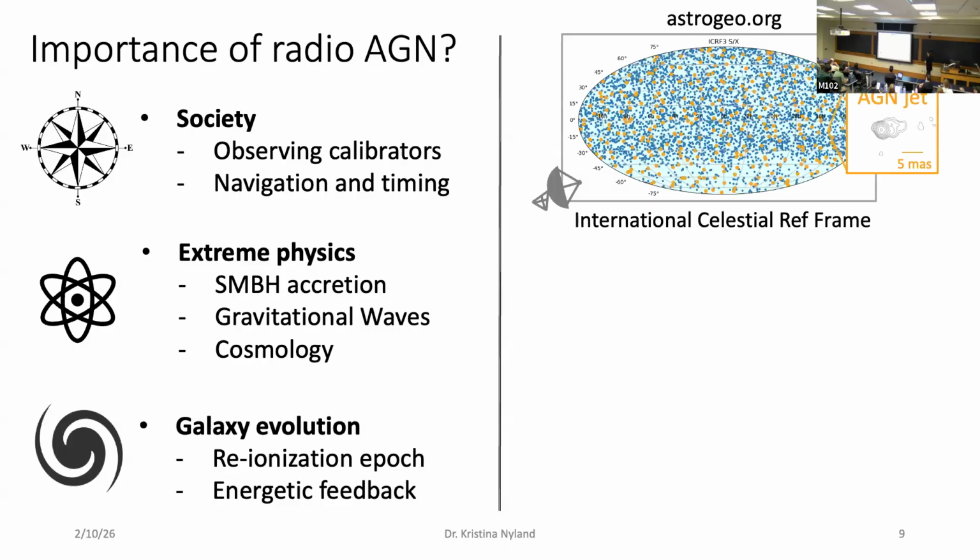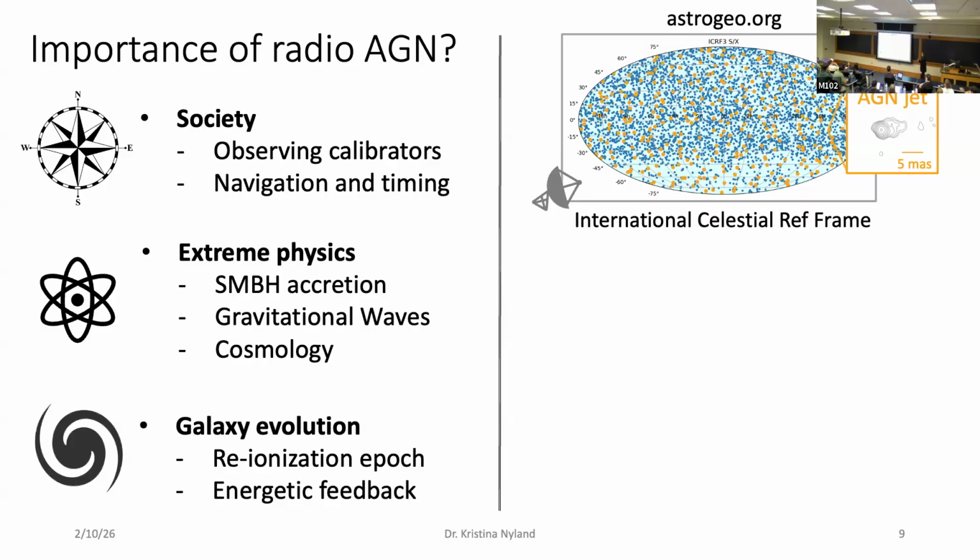The other thing I have up here is navigation and timing. It turns out that all of our modern technology, including things like GPS, which powers Google Maps on your phone that you might use on a regular basis, is really underpinned by something known as the International Celestial Reference Framework, or ICRF.